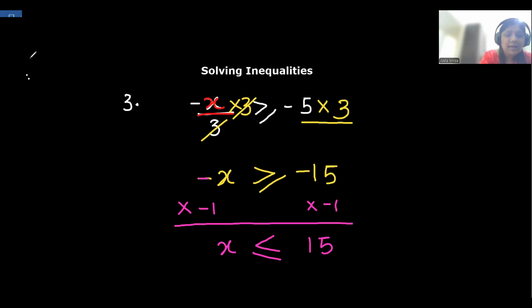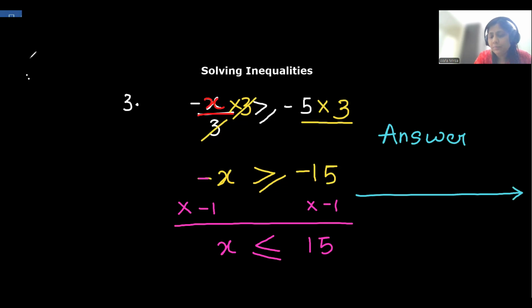Now I will write my answer. First I will show my answer on the number line. So here I will mark 15. x can have any value less than 15. So since it is less than 15, I will move towards the left side.